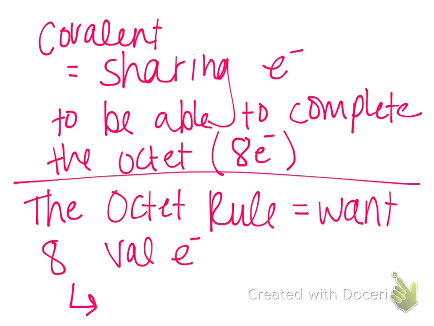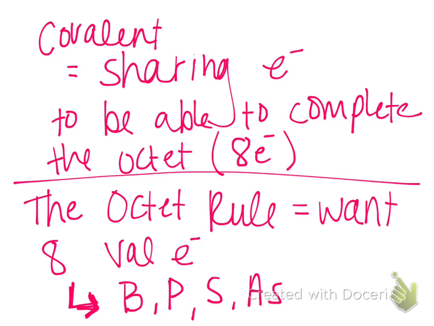So I'm just going to write down a couple of the big ones. Exceptions to the octet rule are boron, phosphorus, sulfur, maybe astatine. Ones that are in group 3, like boron, aluminum, those like that, they have 3 valence electrons.